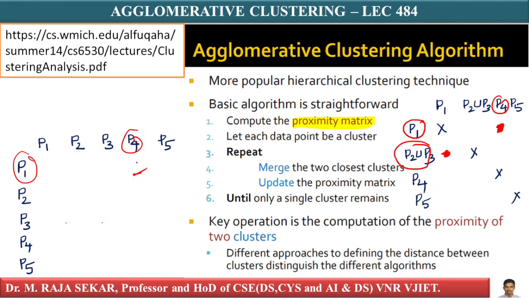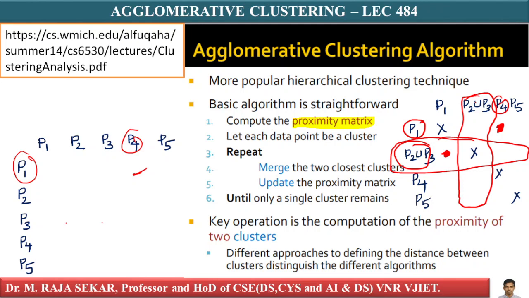Now you need to compute the distance between the new cluster p2 union p3 and p1. P1 and p4 you need not compute. That's what I'm saying. This whole row, this entire p2 union p3 row, needs to be updated. This p2 union p3 column also needs to be updated, because you merged p2 and p3.